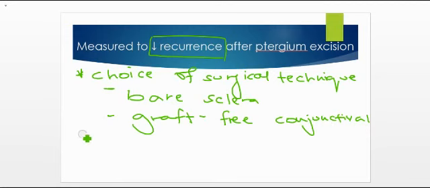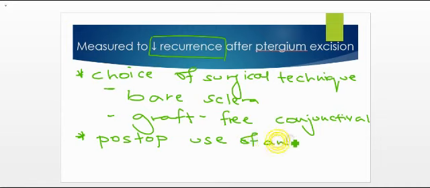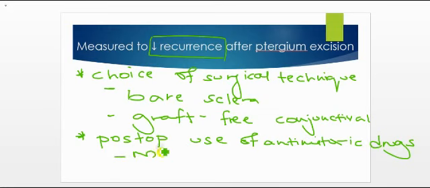Another way to reduce recurrence is post-op application of antimitotic drugs, such as mitomycin C.